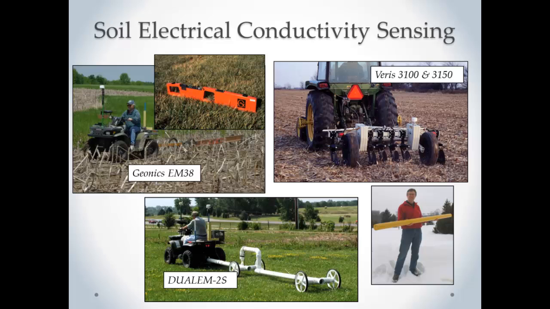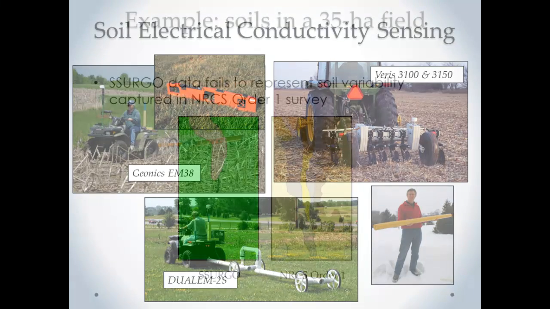There are a number of different soil electrical conductivity sensors that we've used over the years, and have found many of them give us the type of information that, once calibrated to some calibration points within fields, we can make a similar type of interpretation with these different sensor types.